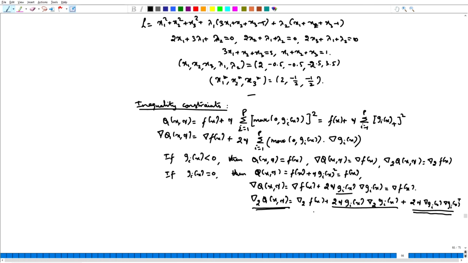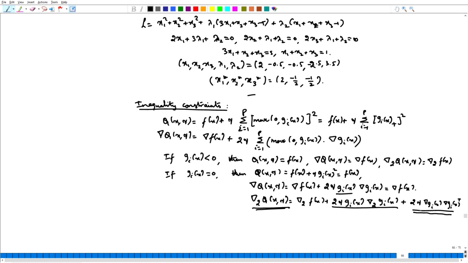But it turns out that when we use Newton's method to minimize q of x comma gamma in the quadratic penalty function, many times it actually gives you the right answer. You can write the Hessian as the Hessian of f of x plus 2 gamma g of x into Hessian of g of x plus 2 gamma del g of x into del g of x transpose.